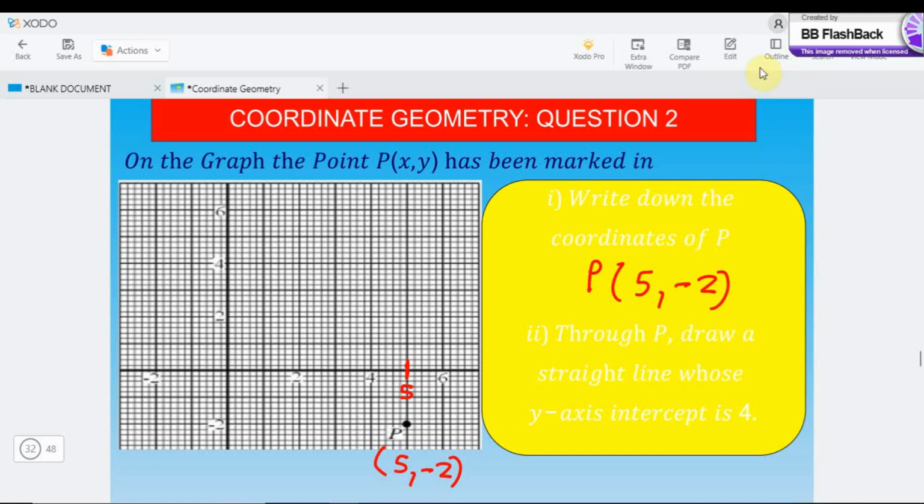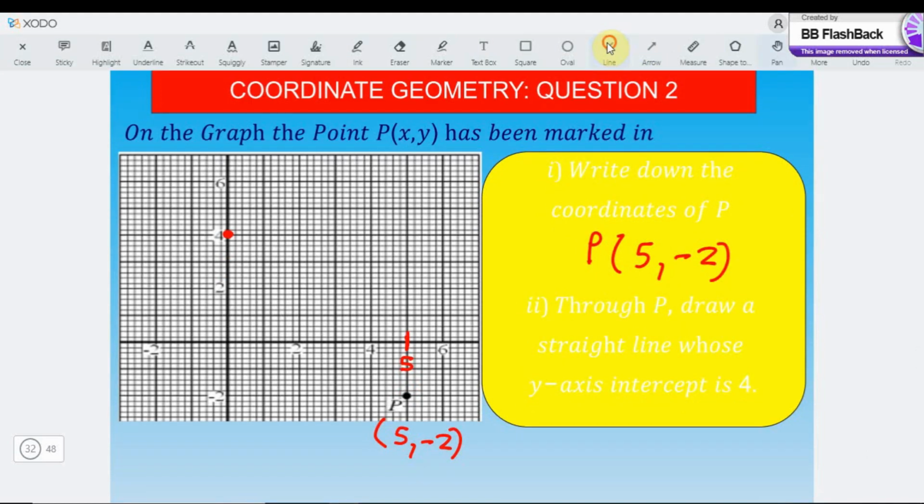So that's P, 5, negative 2. Now you need to draw the y-intercept is 4. So that means that it passes through the point where the y value is 4. That's the y-intercept, where the graph intersects the y-axis. So we are just going to draw a straight line connecting this right here. That's it. Easy.